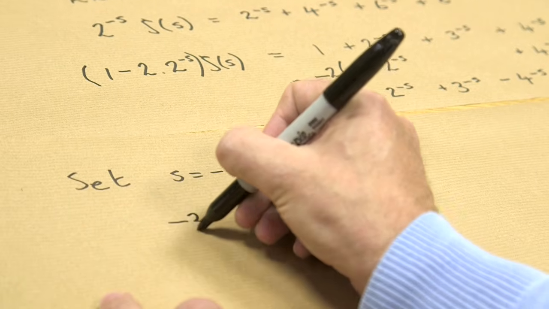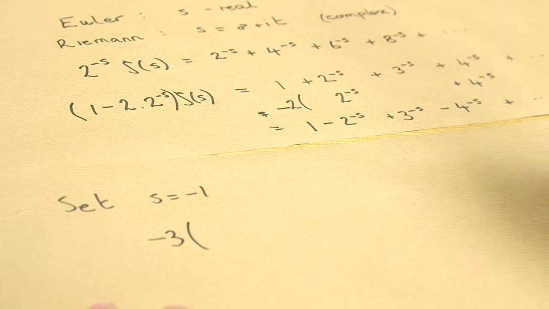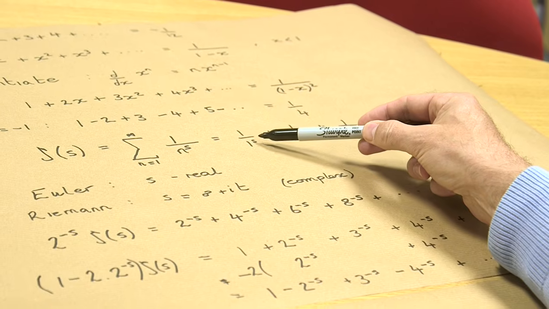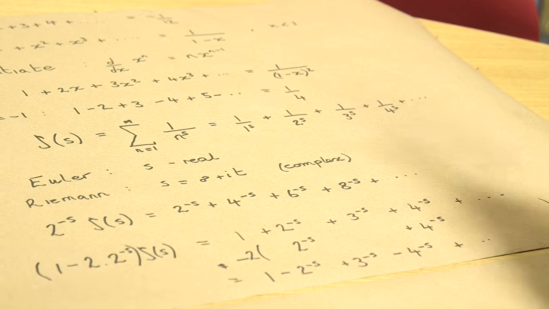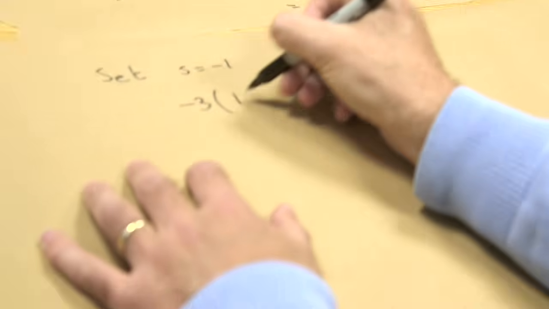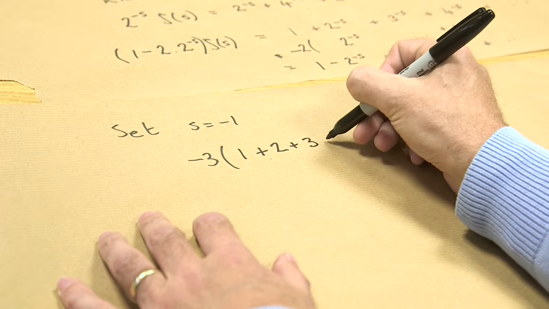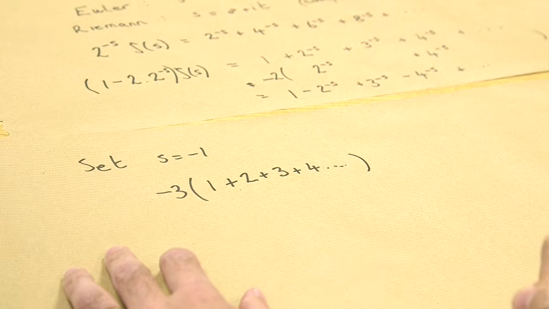But what is zeta of minus 1? If I look up here and put s equals minus 1 in here, you can see this becomes 1 plus 2 plus 3 plus 4, etc., all the way up forever.